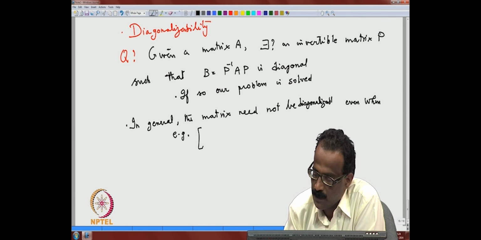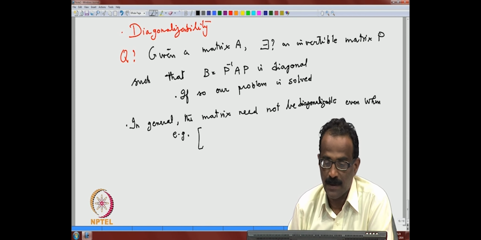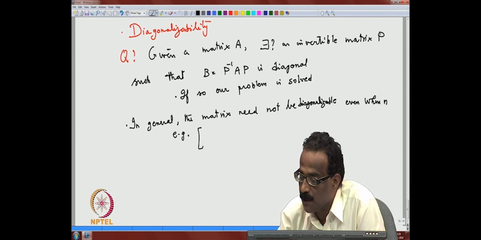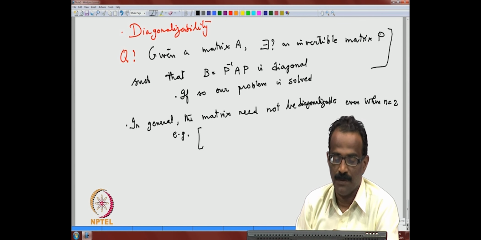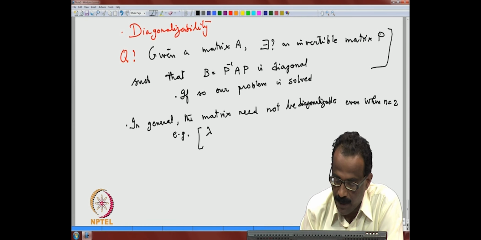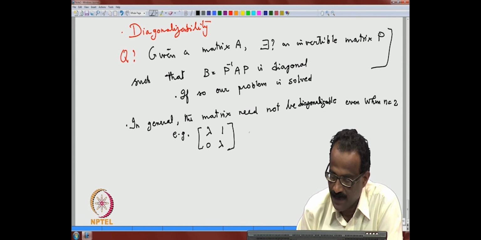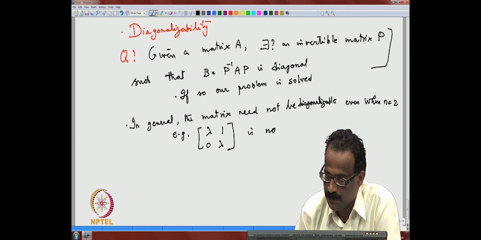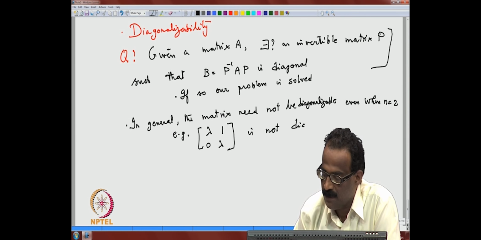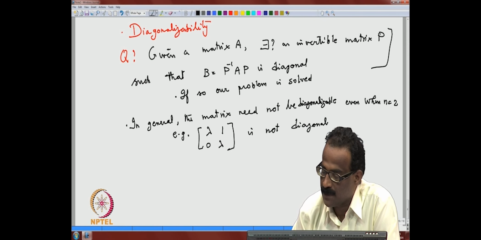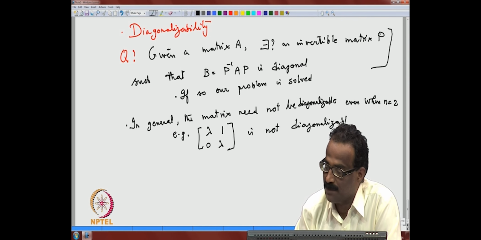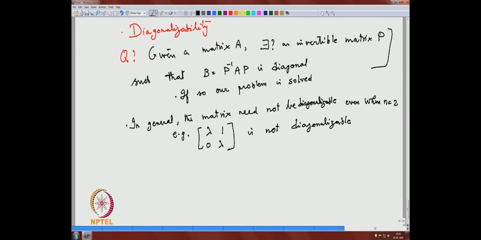When n equal to 2, if such a matrix P exists, the matrix is called diagonalizable. Example, you take the matrix with lambda, 1, 0, lambda. It is not diagonalizable. How do you prove that? Even such a simple looking matrix is not diagonalizable.